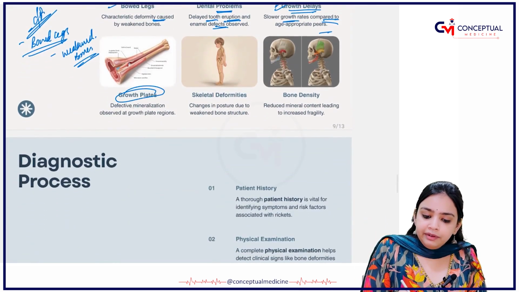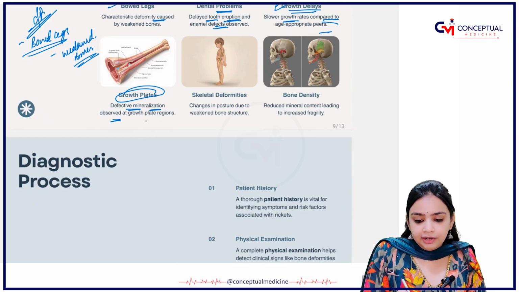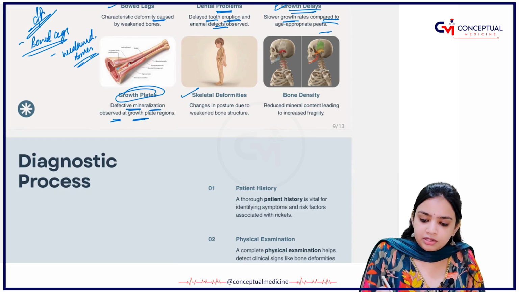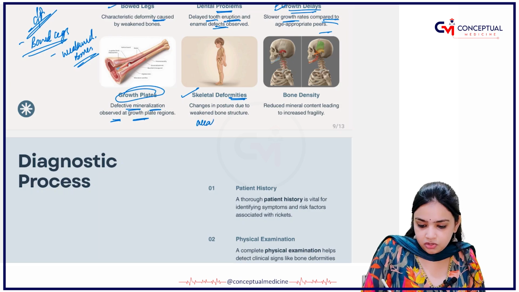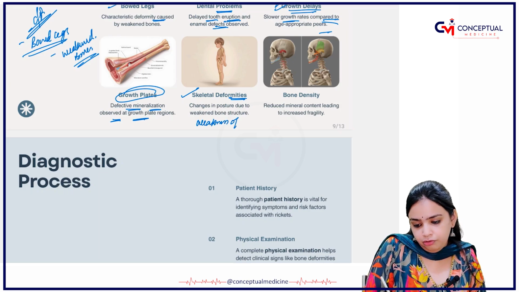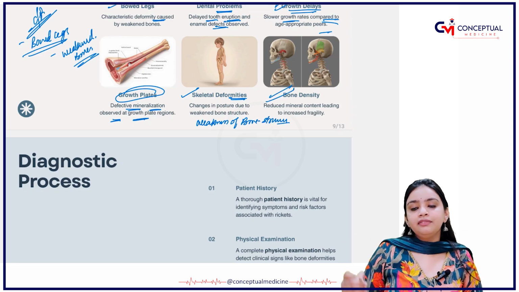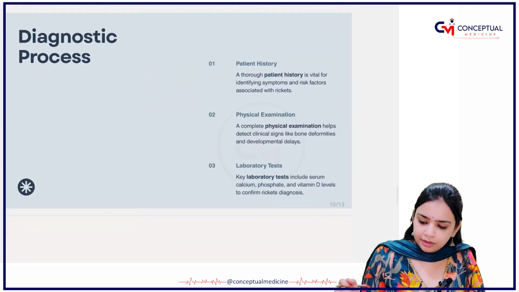In the growth plate, we are able to appreciate defective mineralization, and it is observed at the growth plate regions. Next, there are skeletal deformity changes. There will be weakness of bone structure. And bone density will be less, obviously, right?